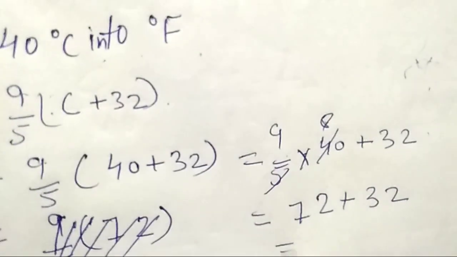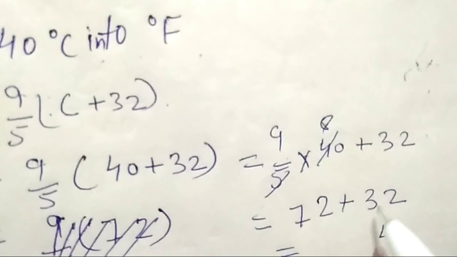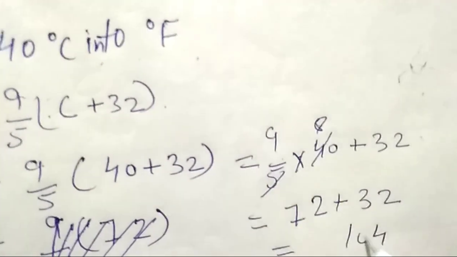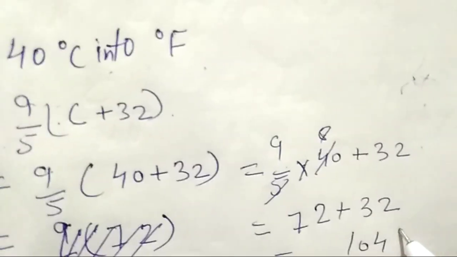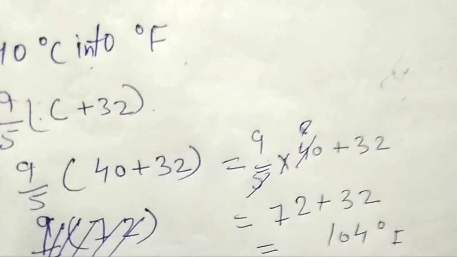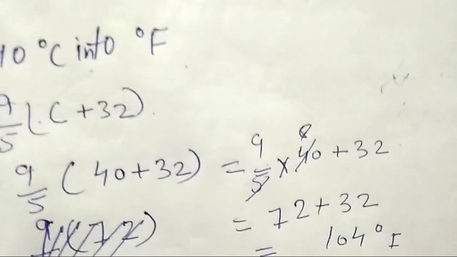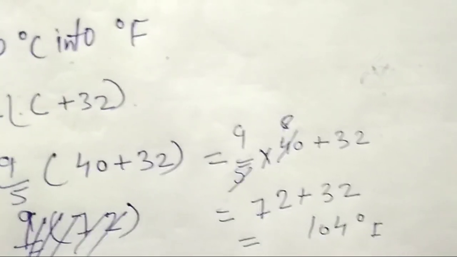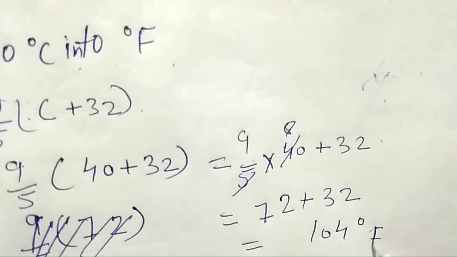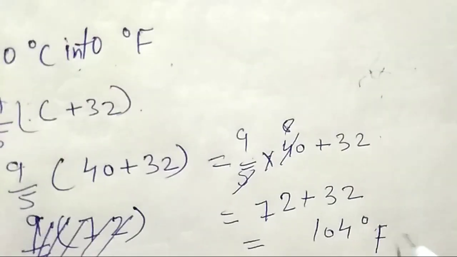You will get 104 degree Fahrenheit. So the value of 40 degree Celsius is equal to 104 degree Fahrenheit. This is the answer.